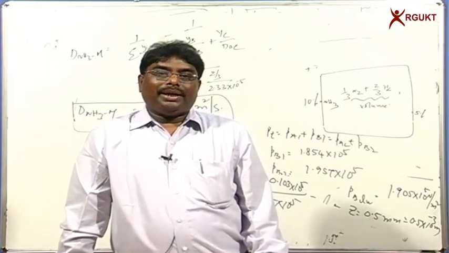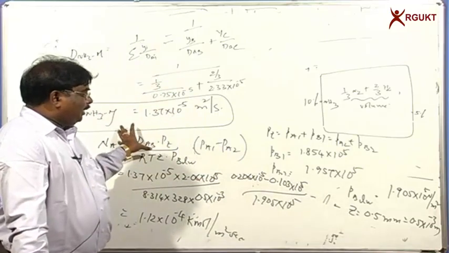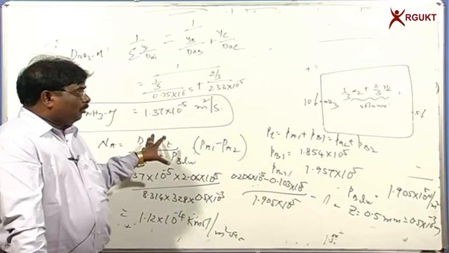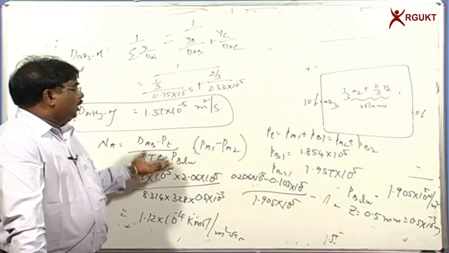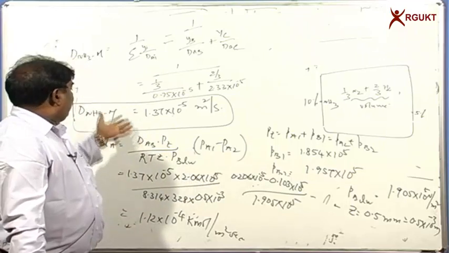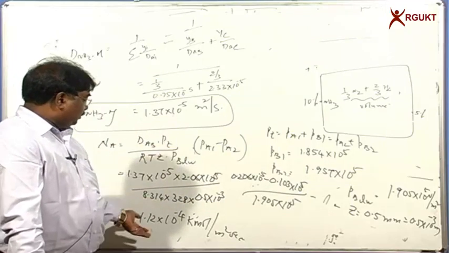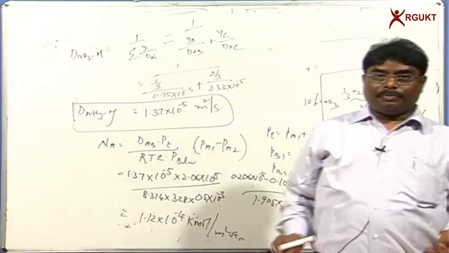Once you get that, the remaining problem is so simple, because it's a non-diffusing B case. We know partial pressures at location 1, we can calculate the partial pressures at location 2, and after knowing all those things, plugging into the expression for N_A, we are going to get 1.12 into 10 power minus 4 meter square per second.